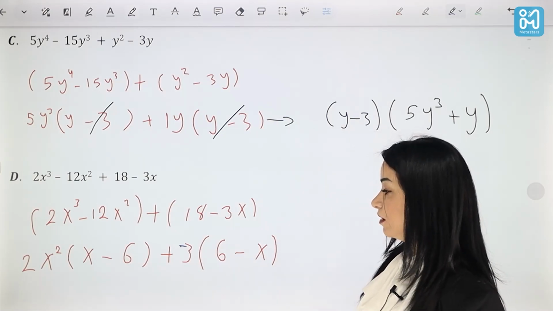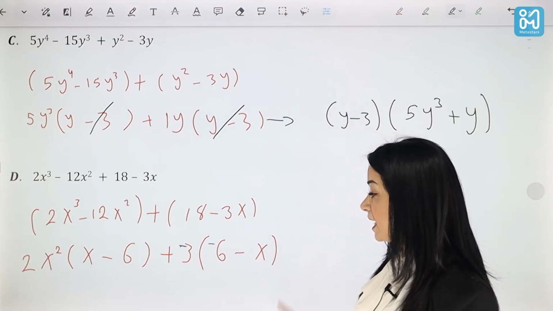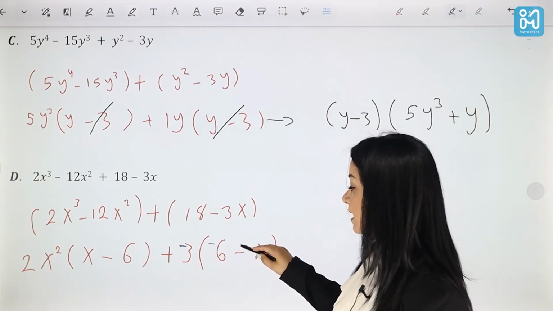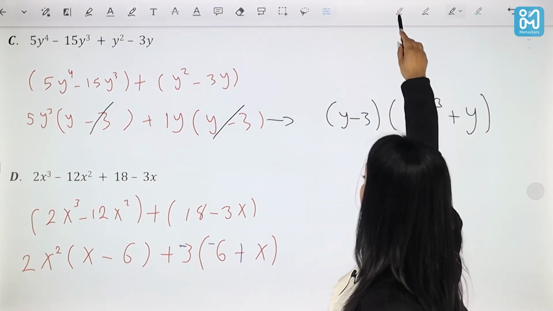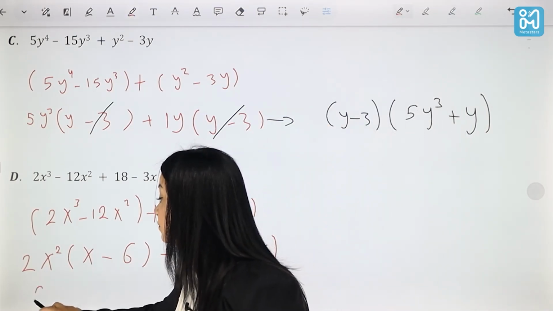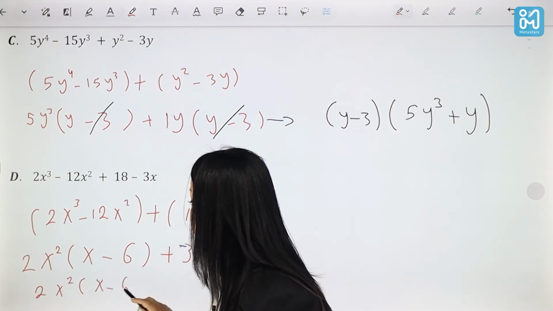And now instead of 6, it will be what? It will be negative 6. Instead of minus 6x, it will be what? Plus x. So let's rewrite it again now. So it's 2x squared times x minus 6.